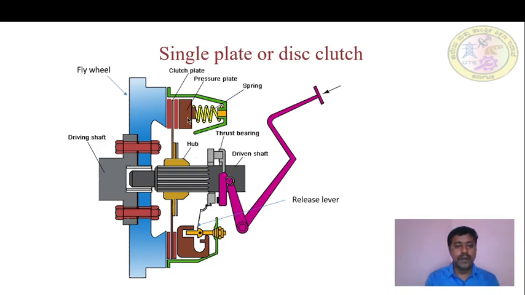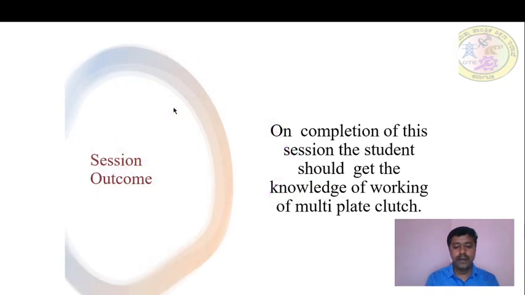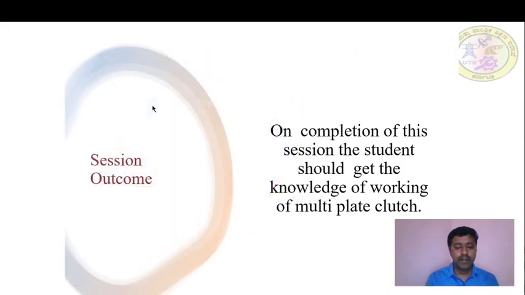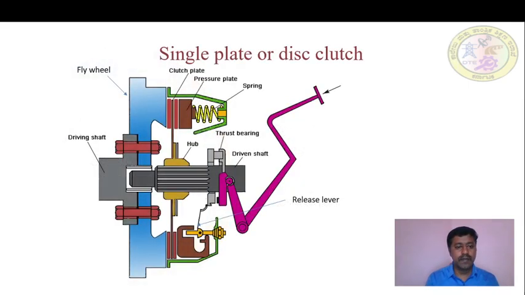Because of that, the pressure plate stops exerting pressure on this clutch plate. So because of disengagement of this clutch plate and flywheel, the power will not transmit from the driving shaft to the driven shaft.